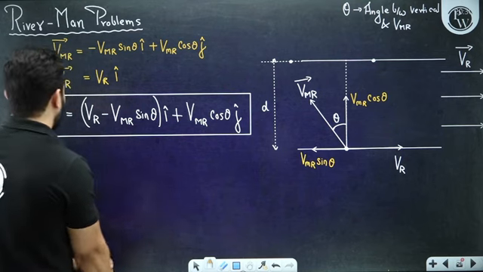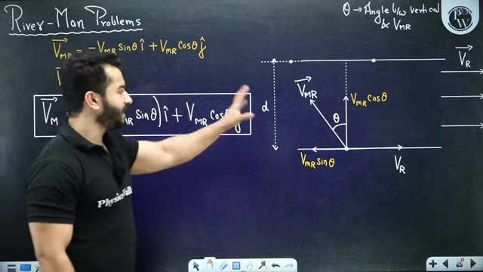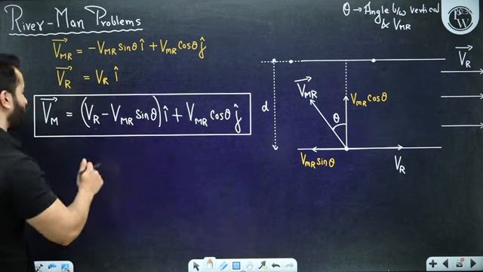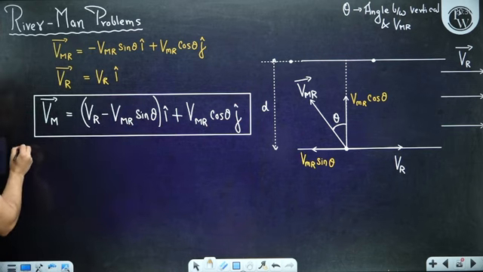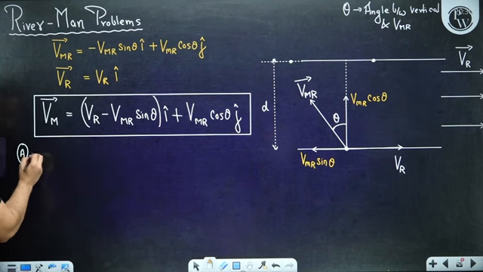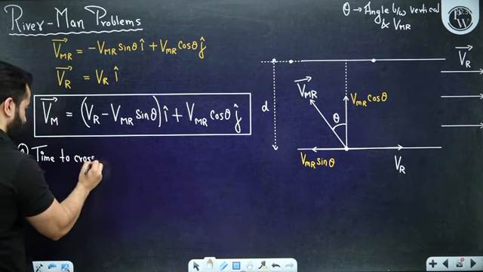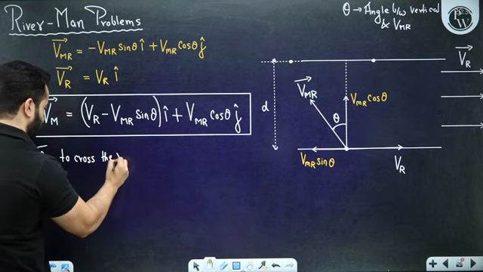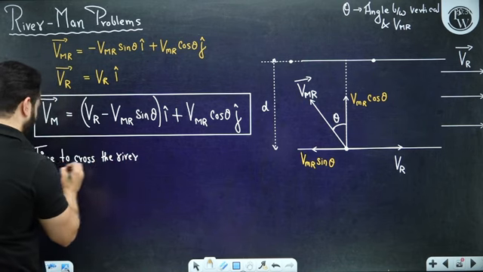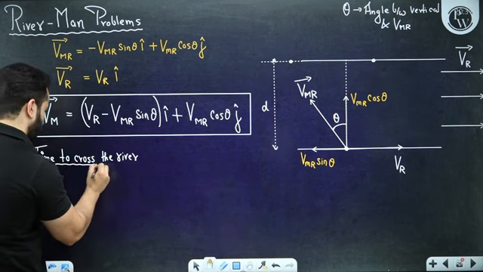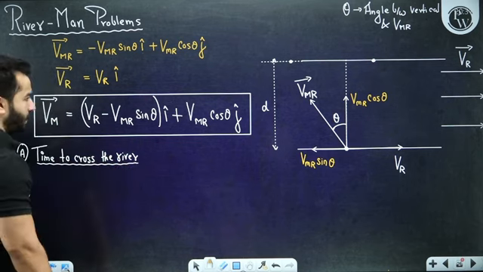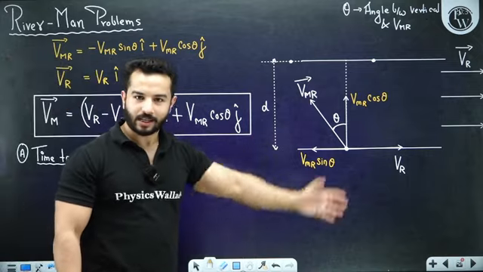Now the thing is, if I want to find out the time to cross the river, this d dimension is along the vertical axis.